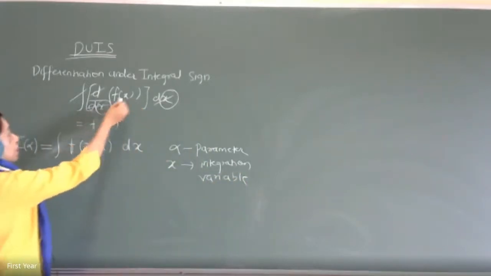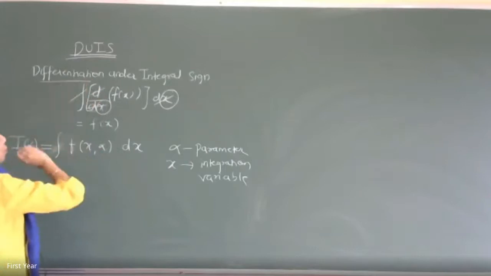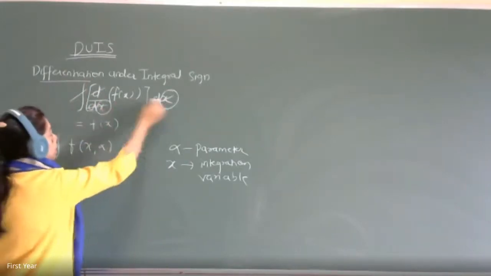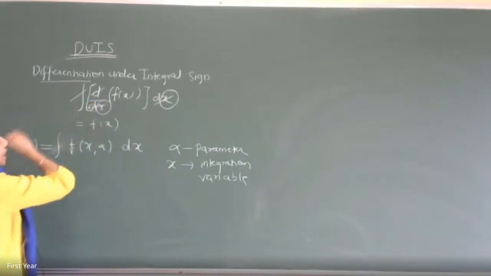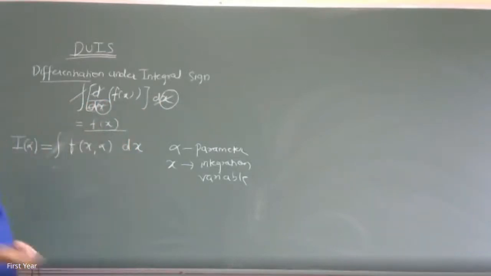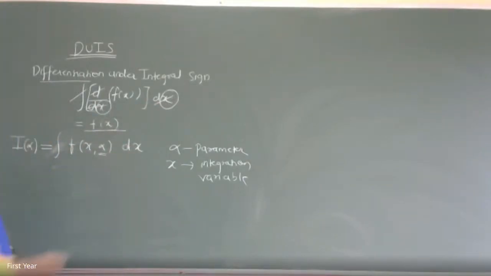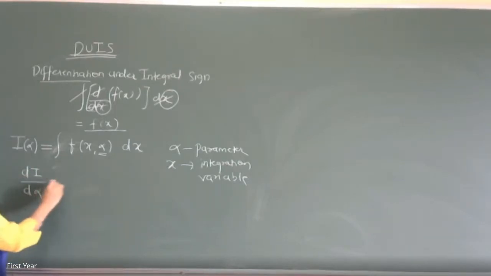Because if the differentiation is also to be done with respect to the same variable, dx will get cancelled, integration will get cancelled, and the answer will be f of x. You don't have to do anything. But that's why it won't be the same variable, it will be different. So alpha is your parameter with respect to which you have to do differentiation. So d by d alpha, that is how it will be written, those are the rules.